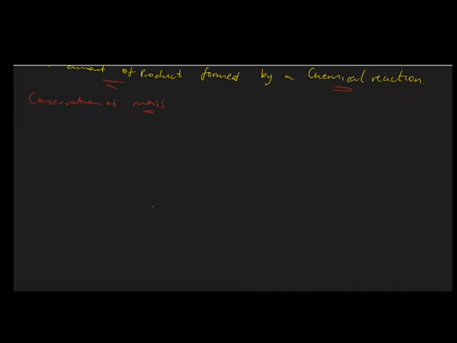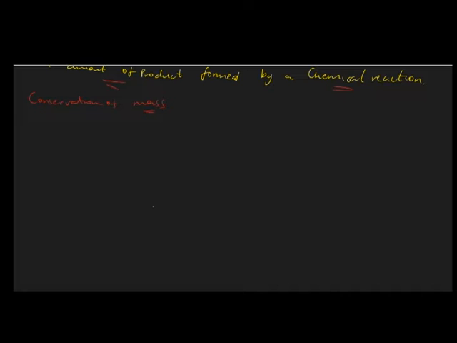It has to stay the same. In this case, it will be in a chemical reaction because we're talking about chemical reactions, right? So in this case now, the amount of matter present at the end of the reaction is gonna be the same as the beginning.